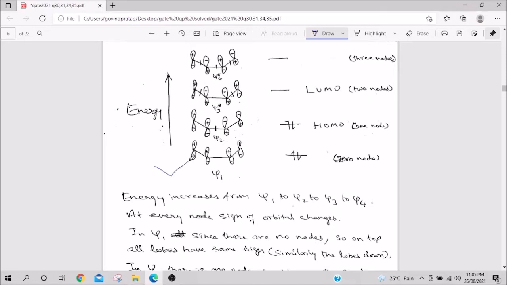Obviously, psi 1 is most stable, psi 2 is a little less, this is even less, and this is most unstable. And since 4 pi molecular orbitals are formed, 2 will be bonding and 2 will be anti-bonding, right. So, that is why I have written psi 1, psi 2, psi 3 star and psi 4 star, star means anti-bonding, and 4 electrons are there.